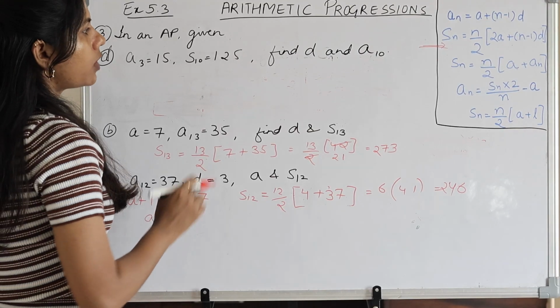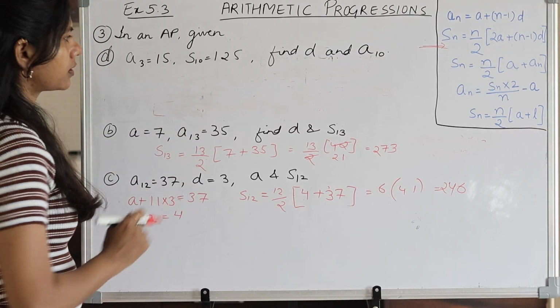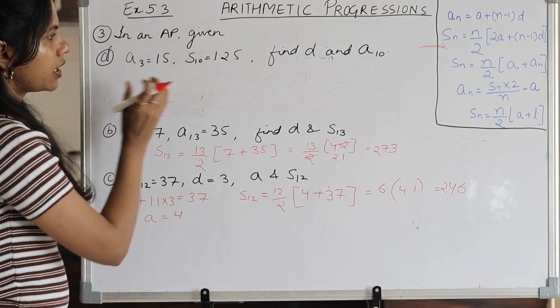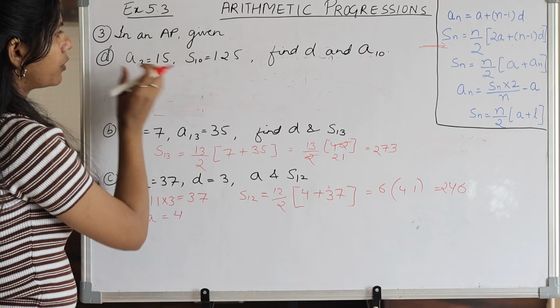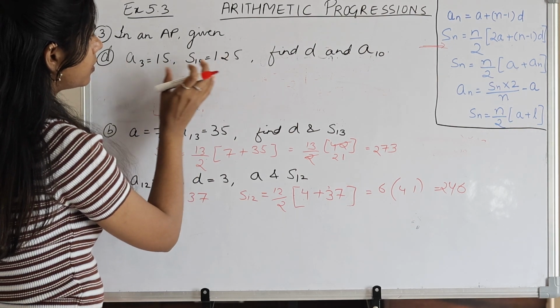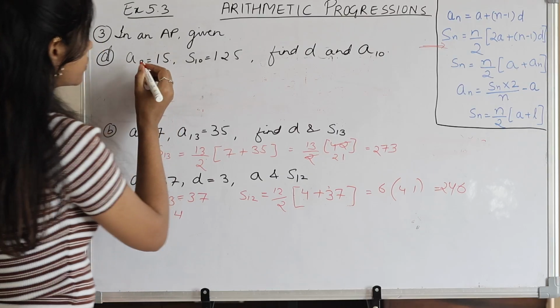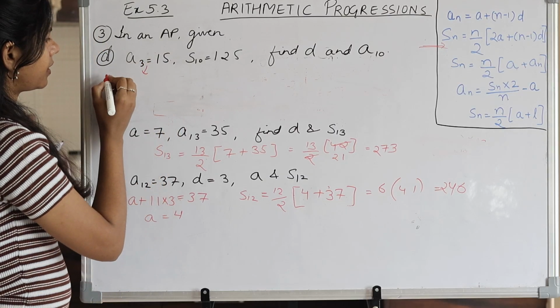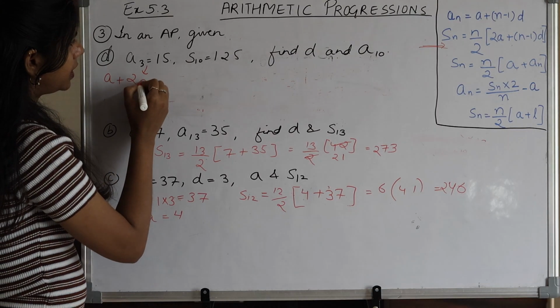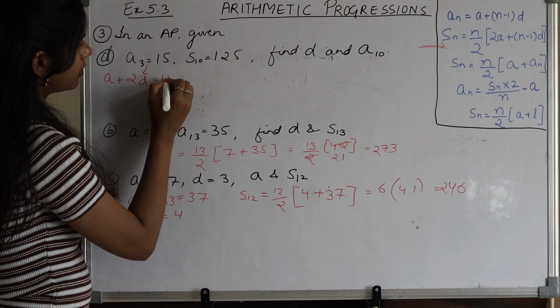So how will we find the value of a? There are two things. We have to find d also and we don't have a also. So probably we will be using all the information together. This can be written as a plus 2d equal to 15.